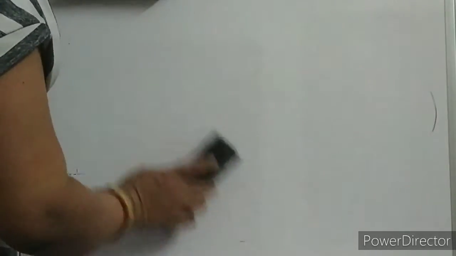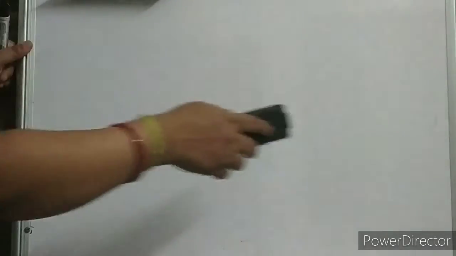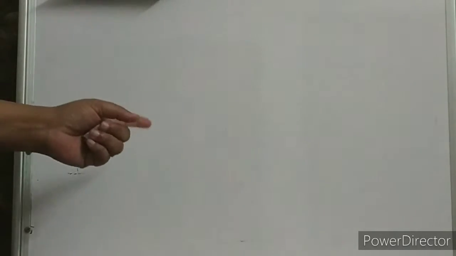Just now we have studied that if there is relative motion between magnet and coil, we are getting induced current because your magnetic flux is changing. Clear, children? One more thing: the magnitude of the induced current depends on what? It depends on the rate of change of magnetic flux in the coil.